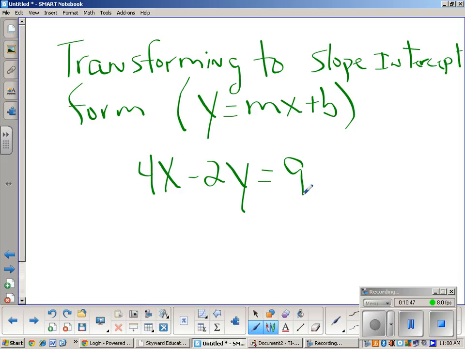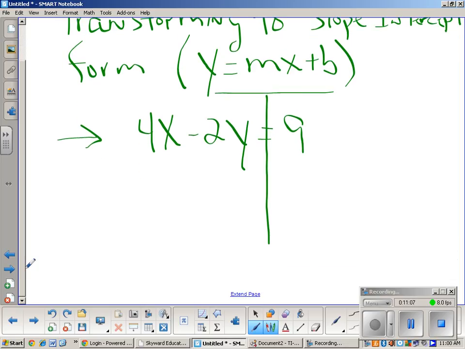So if we were to take this equation, what was given to us, and transform it to make it look like this, we're going to have to get that y all by itself. So here again, I'm going to draw a line right down the equal sign so we know we have two sides. That means I've got to get rid of everything that's on the left side. So I need to get rid of this, and I need to get rid of this, leaving the y.